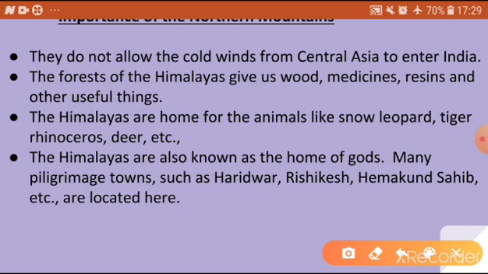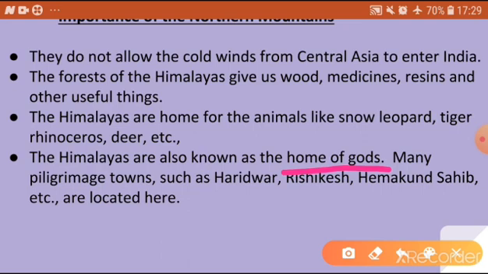And other useful things. The Himalayas are home for animals like snow leopard, tiger, rhinoceros, deer and so on. The Himalayas are also known as the home of gods. Why?